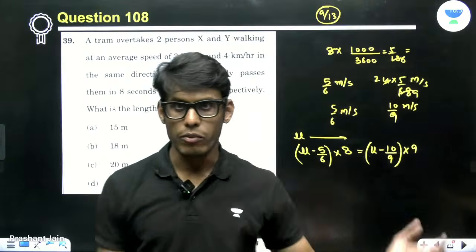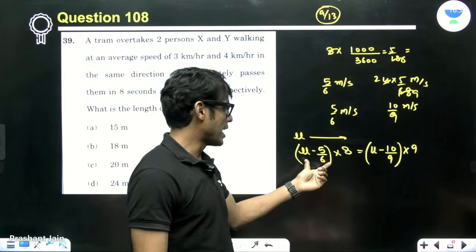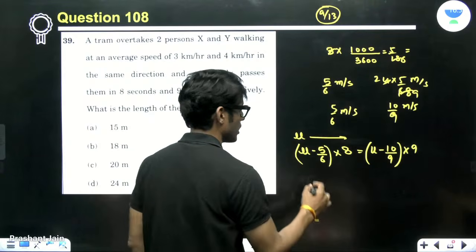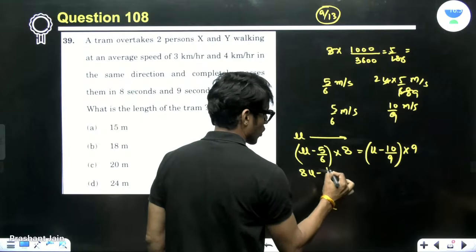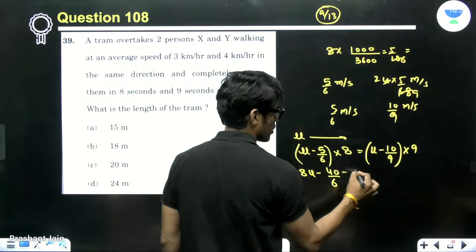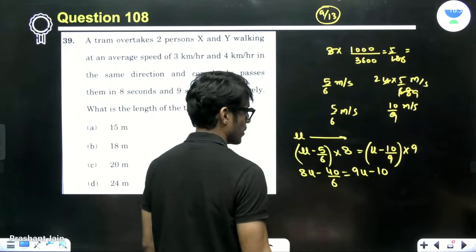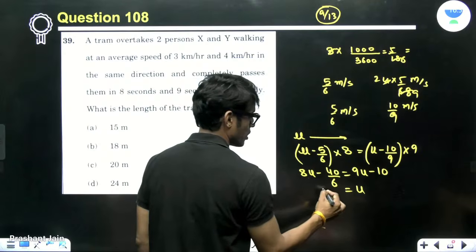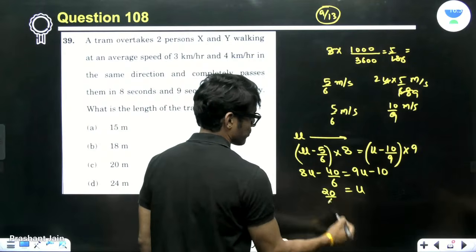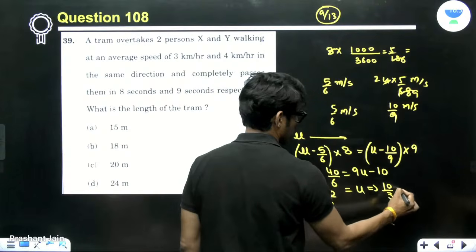This will give me the idea of u. So this will give me 8u minus 40 by 6 is equal to 9u minus 10. So this gives me u equals 20 by 6, that is 10 by 3 meter per second.